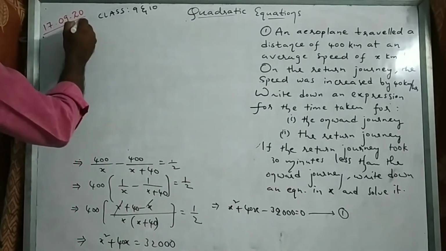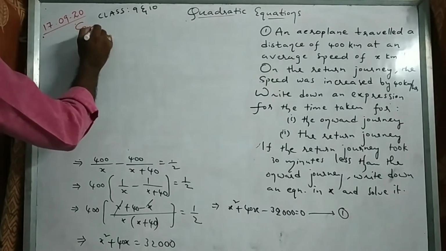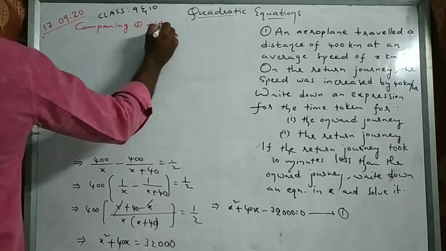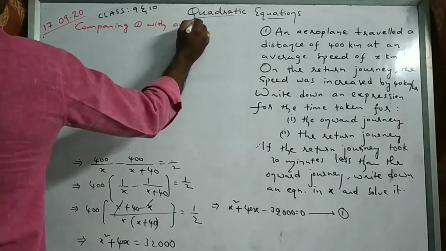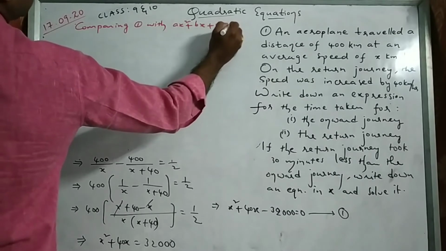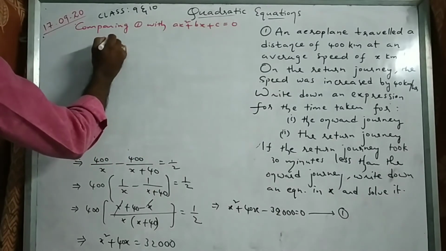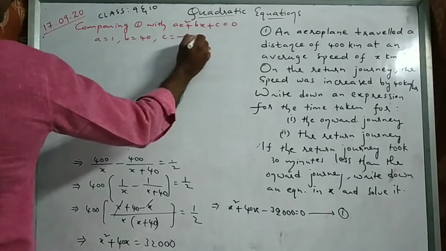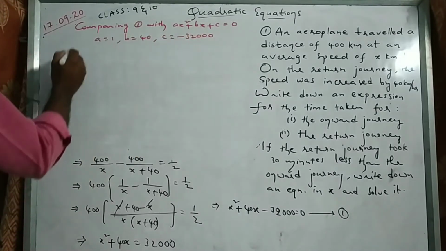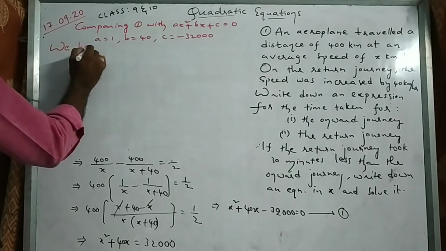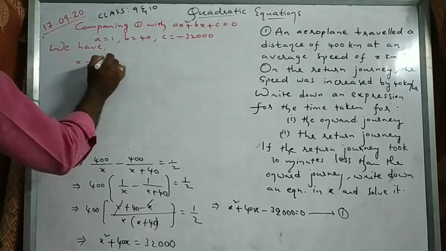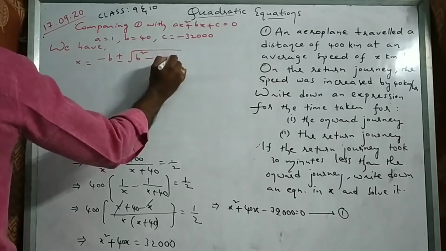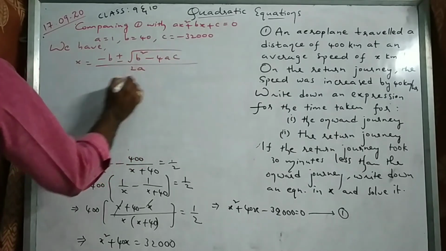Comparing with ax square plus bx plus c equal to 0, a equal to 1, b equal to 40, c equal to minus 32,000. Now we have x equal to minus b plus or minus square root of b square minus 4ac upon 2a.